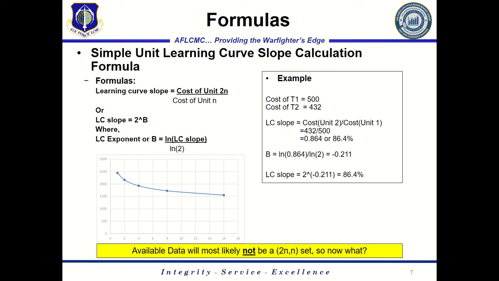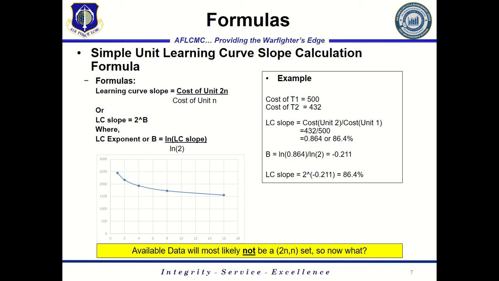You can just divide the cost of the later unit by the cost of the earlier unit, and it'll give you that ratio, which is your learning curve slope. And there you have it. You know what your learning curve is.